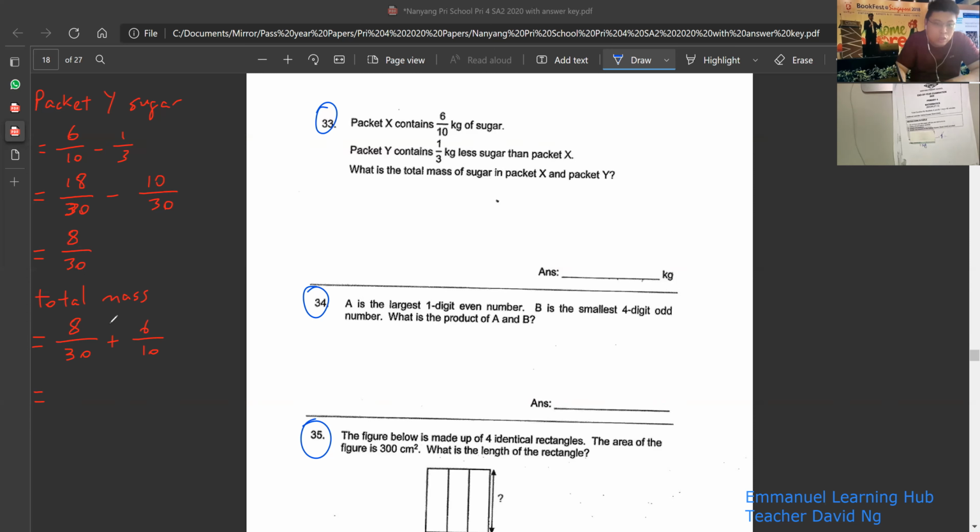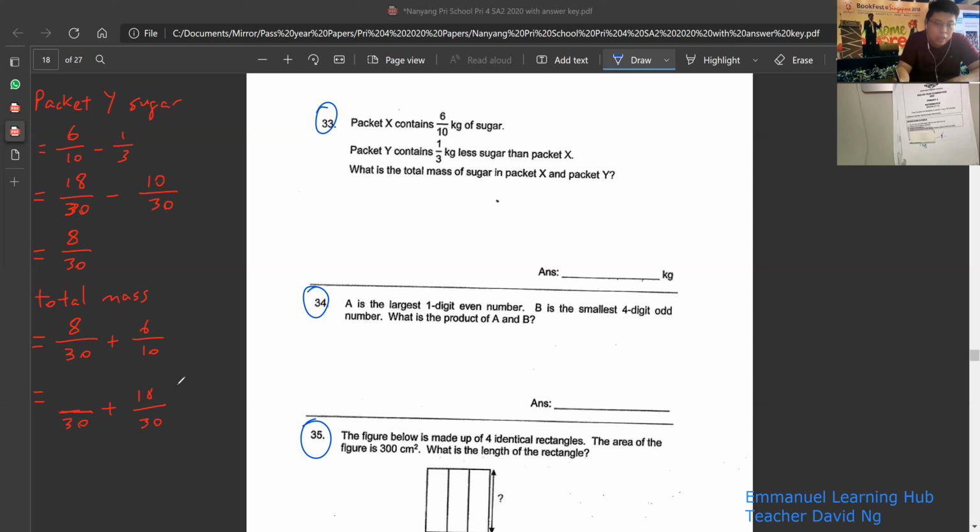So when you add together, how do you add them? You have to change 6/10 to what? 6/10 equals 18 over how many? 18/30.